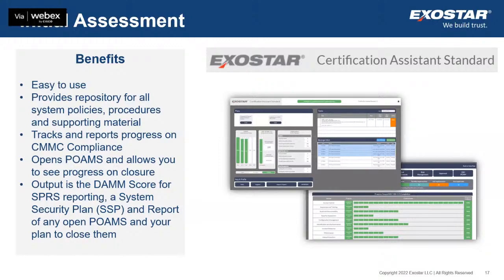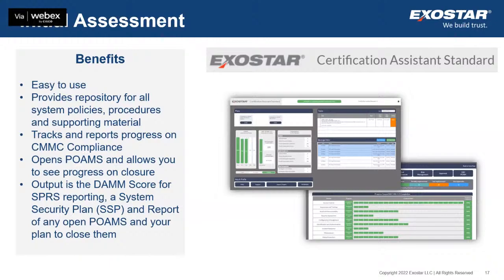And the output of Certification Assistant, every time you update, change, or enter information, will be an updated system security plan, including an inventory of the software, hardware, individuals, etc., that are involved in that system.